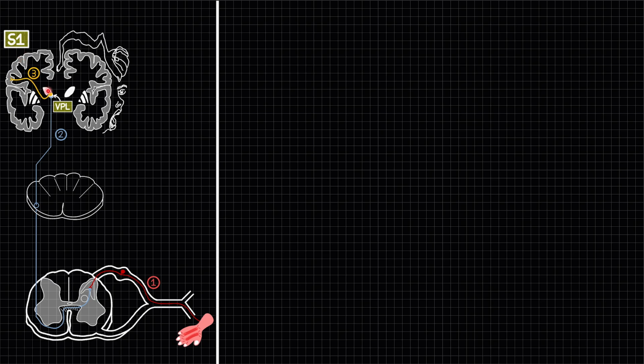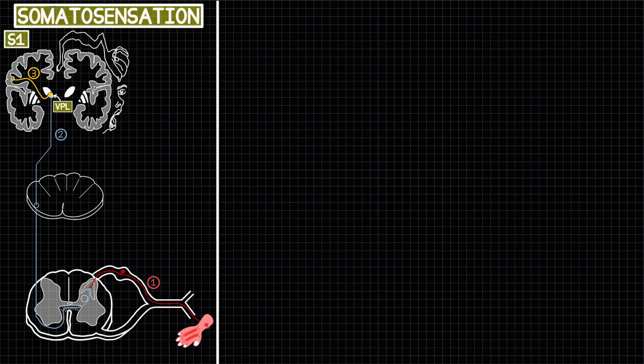We know that the third order neuron in yellow is going to go from the VPL of the thalamus to the primary somatosensory cortex. Once it reaches the cortex, I will feel the pain. This is how the ALST pathway gives somatosensation, in this case pain. But notice how I've drawn the somatotopic map to exclude some parts of the cortex.